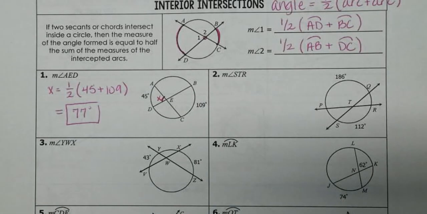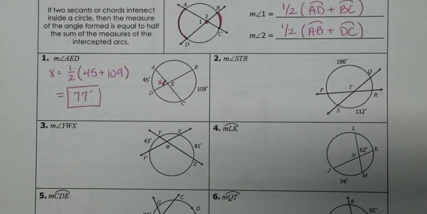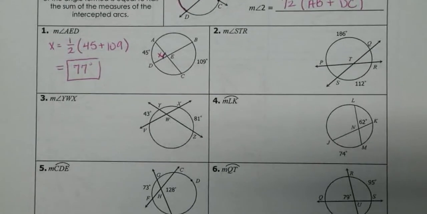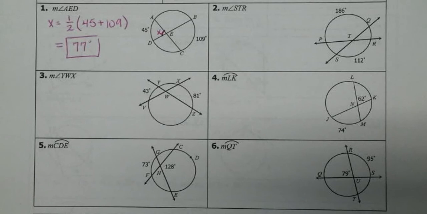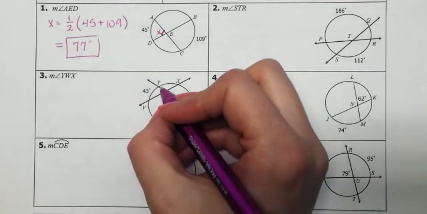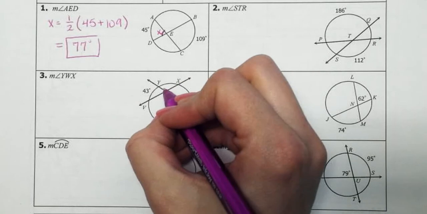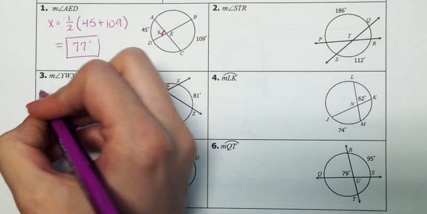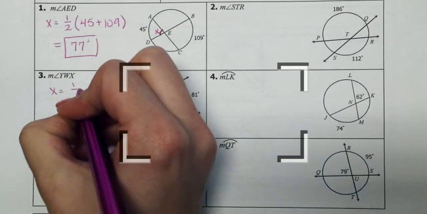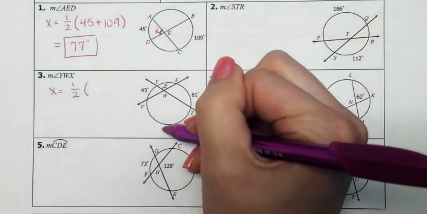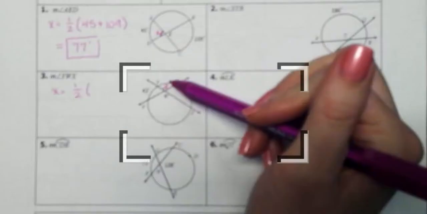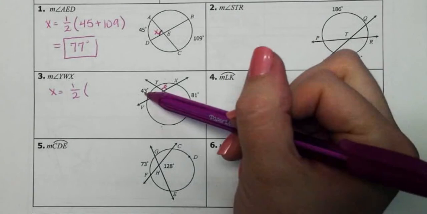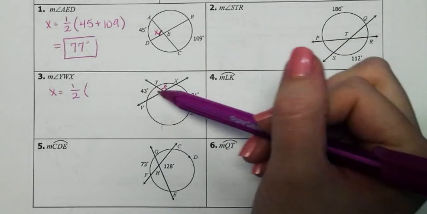Okay. I'm going to skip around some. So I'm going to look at number 3 next. It asked me for the angle YWX. So this is the angle I'm looking for. I'm going to call it X. I'm going to have X equals 1/2. I've got to add the arcs around it. But do I know these arcs that are around it? I do not. What I do know is that I have these arcs that I don't actually even need.